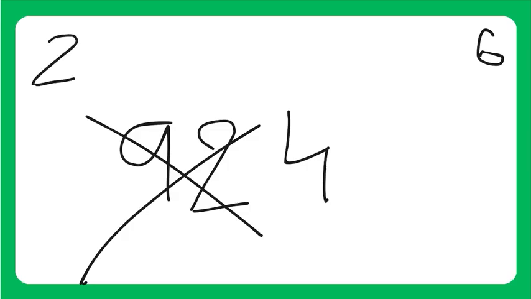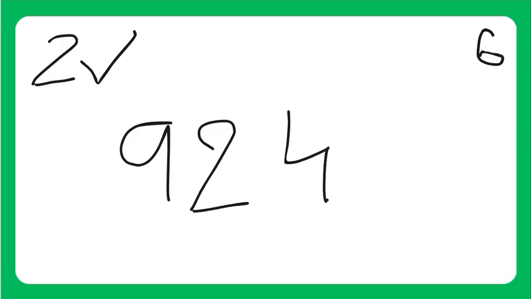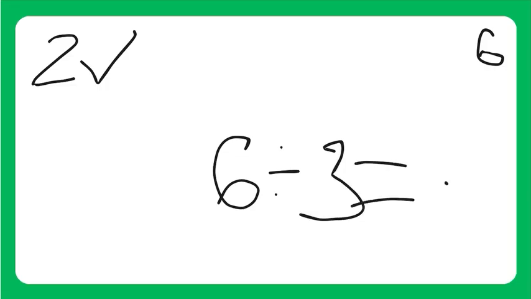So for 2, we can put a tick mark. Now we have to check if it's divisible by 3. So let's add these up. 9 plus 2 is 11, plus 4 it's 15. 1 plus 5 gives you 6. And 6 is obviously divisible by 3, which gives you 2.